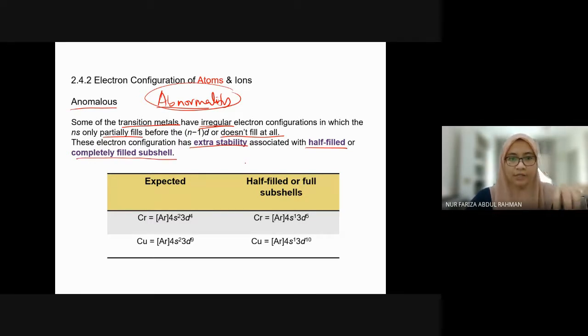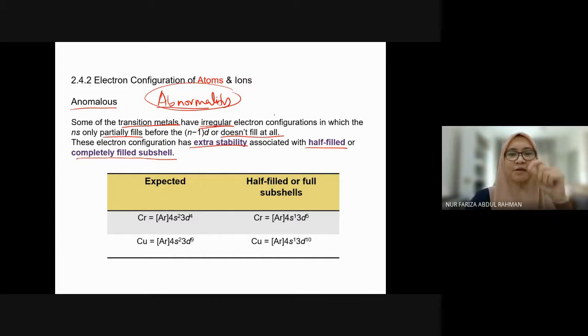So how it is being filled in the orbitals also affects the stability of the orbitals. Remember Hund's rule last time, kenapa kita kena fill up secara singly with similar spin before we can start pairing up.